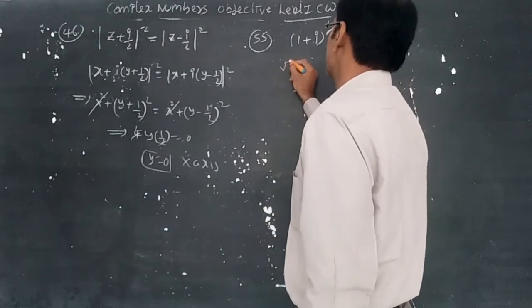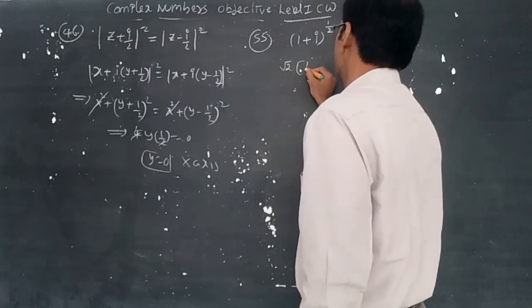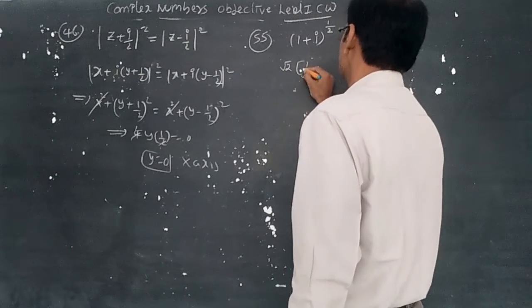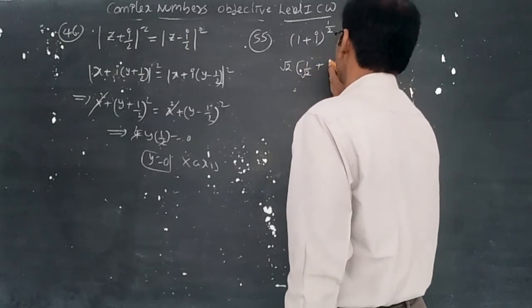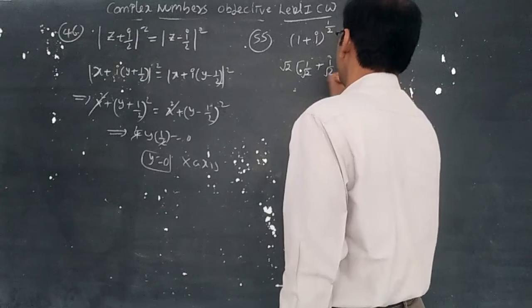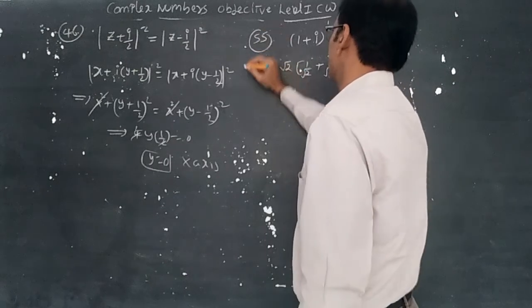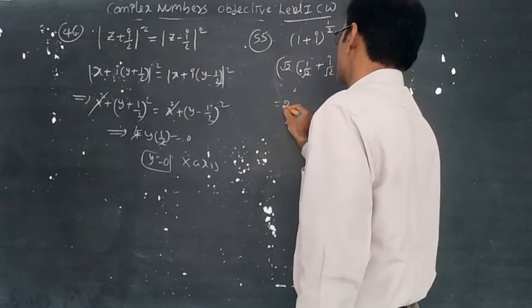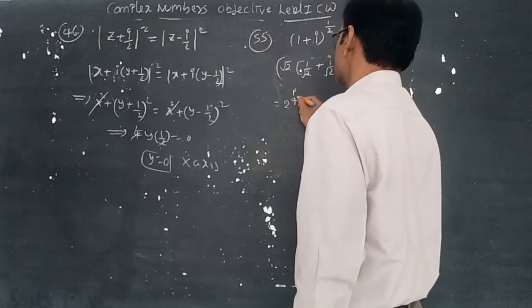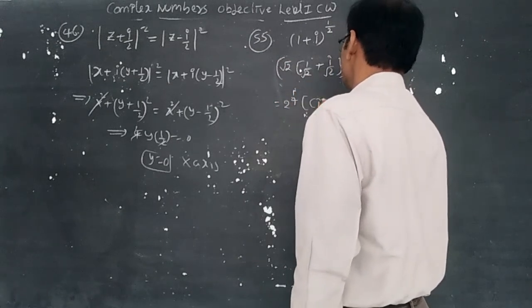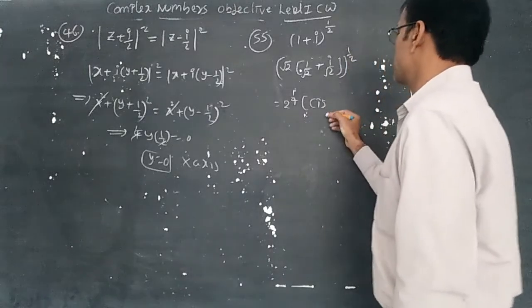So let us discuss the modulus amplitude form regarding this number: root 2 into 1 by root 2 plus i by root 2, whole power 1 by 2. You can understand this as 2 power 1 by 2 power 1 by 2, so this is 2 power 1 by 4 into cos pi by 4 plus i sin pi by 4.